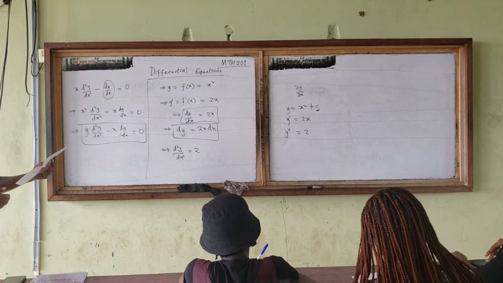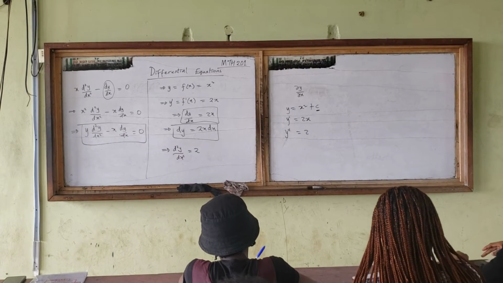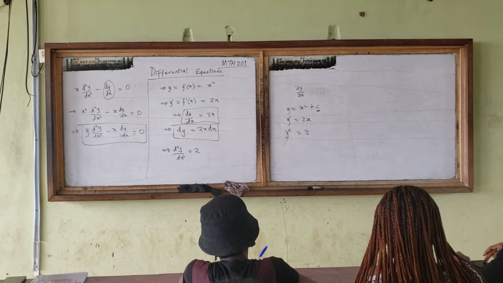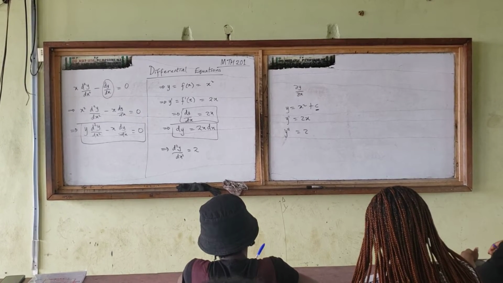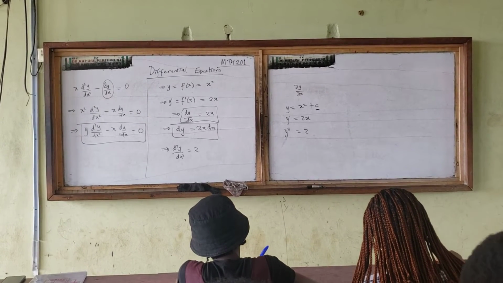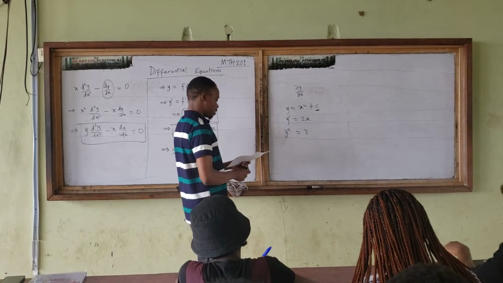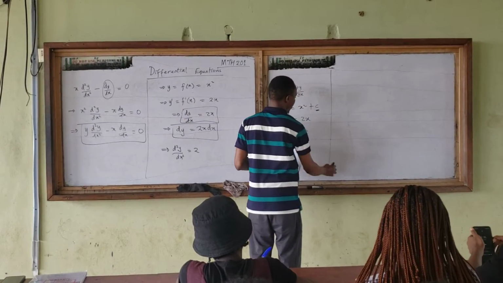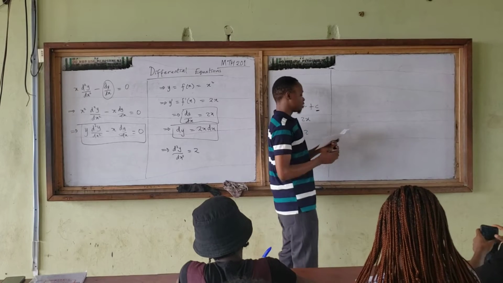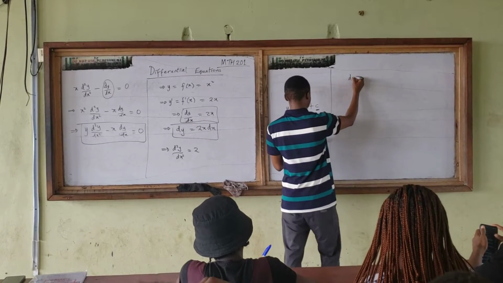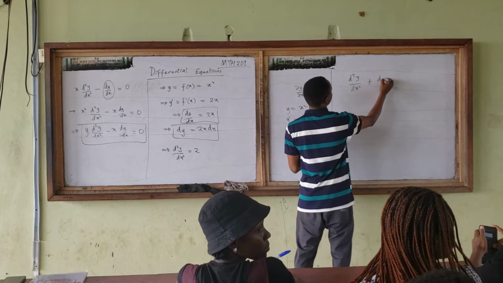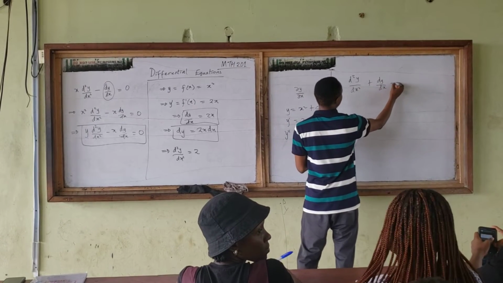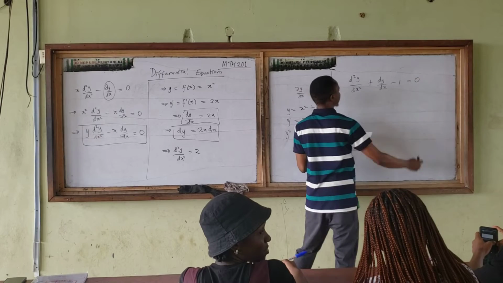Number 2, you have to determine if each of the following equations is linear or non-linear. So how do you determine if a differential equation is linear or non-linear? Look at the options here. Look at the first one. d²y/dx² plus dy/dx minus 1 equals 0.